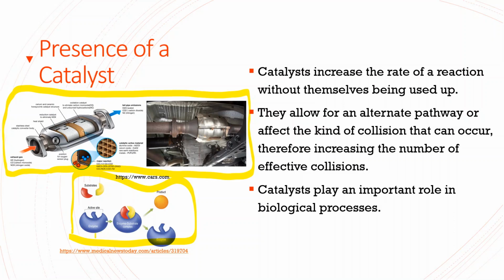Enzymes, most of the time, and this is what this picture down here is getting at, it's like a lock and key mechanism. You've probably talked about this in biology. It's giving those particles the correct orientation, or guiding them to have the correct orientation, in order for the reaction to occur.